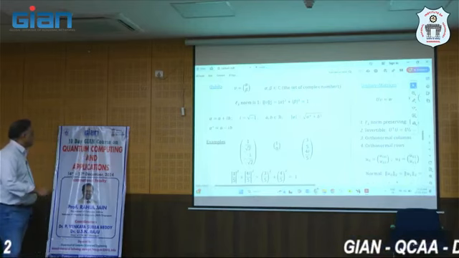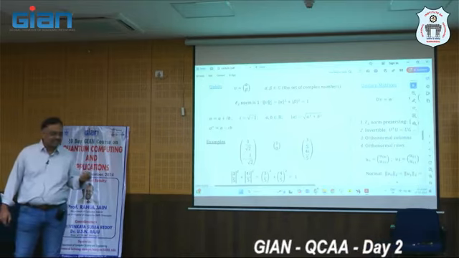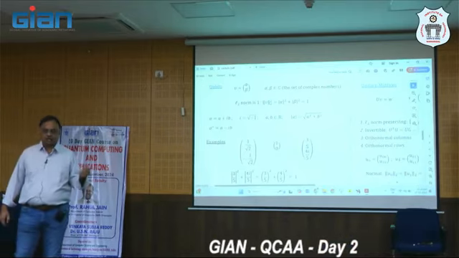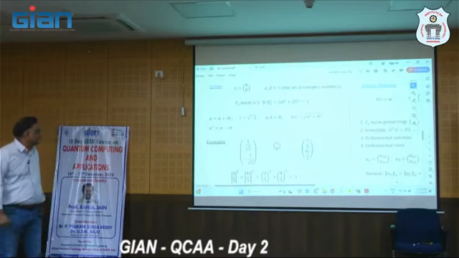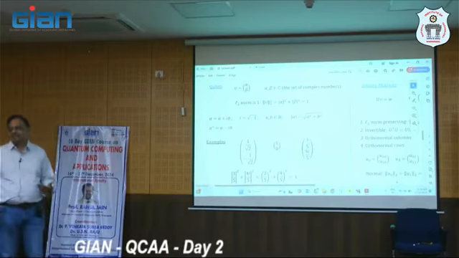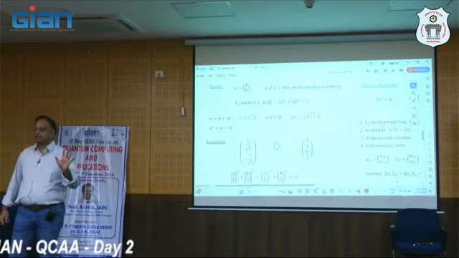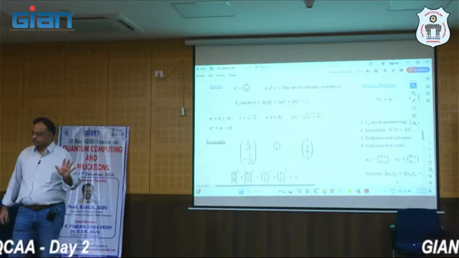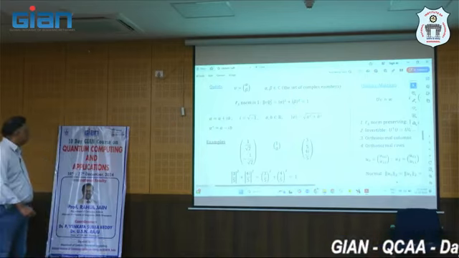For a complex number alpha, we define what is known as the conjugate, alpha star. What is the conjugate of alpha? If it is a plus ib, it is a minus ib. Okay, that is the conjugate.